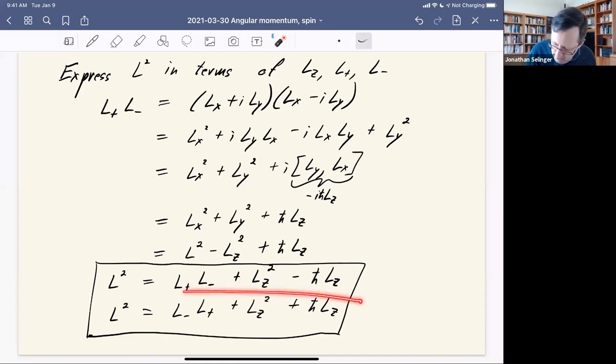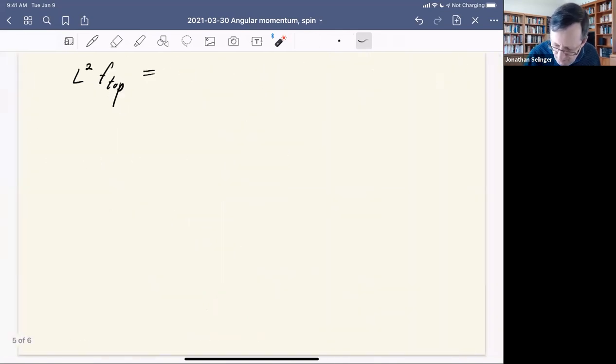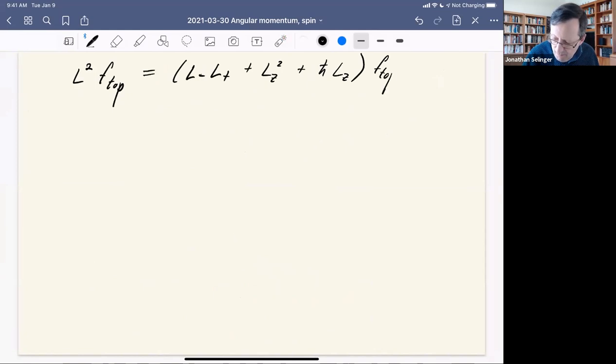So that is L minus L plus plus LZ squared plus H bar LZ acting on F top.